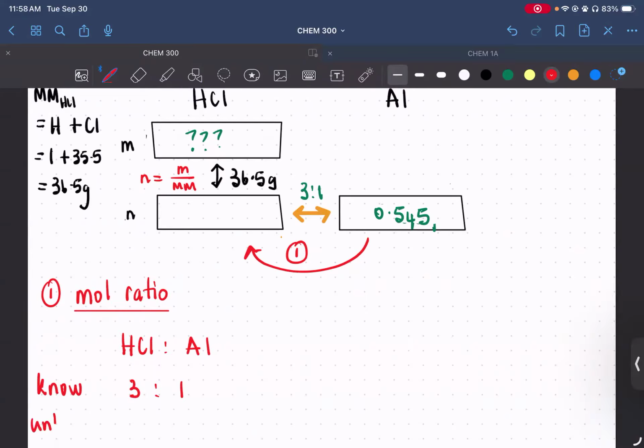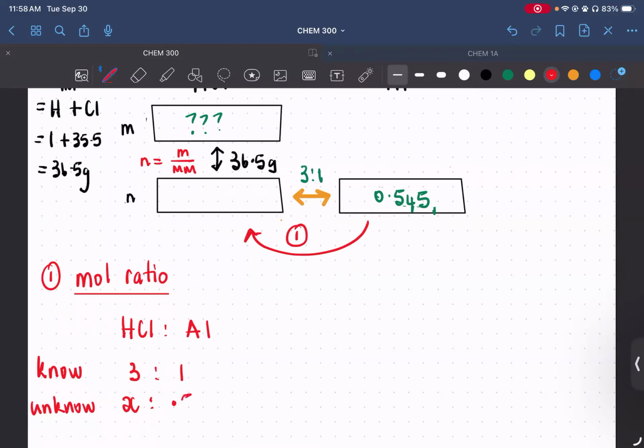What we don't know, our unknown, is how many moles of HCl we need based on 0.545 moles of aluminum. We have set up this ratio. It's a nice 2x2. It looks like a table. Here's what we're going to do. We're going to cross multiply.